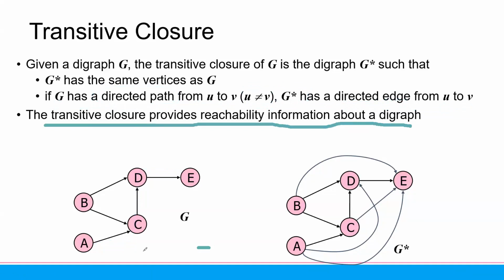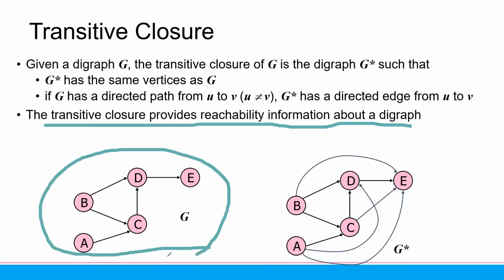So if I have G like this one, I know that starting from A, it goes to C, and it can go to D, and it can go to E. From B, we can go to D, we can go to C. So the transitive closure mentions that there will be reachability information.